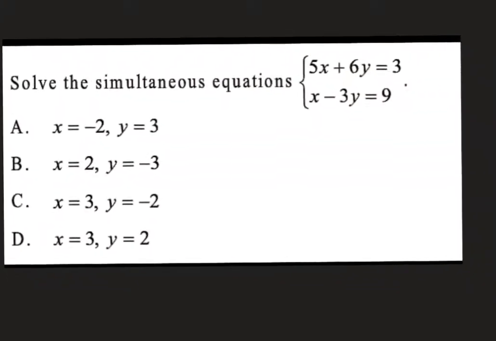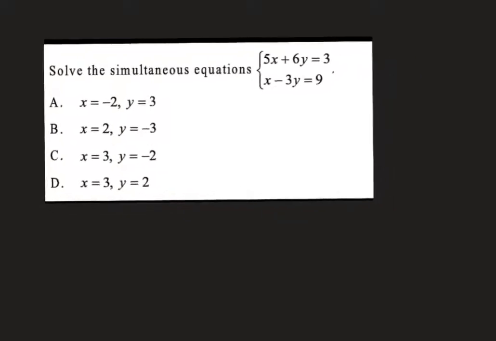Next question. This question. For this question, if I call this equation 1 and this equation 2, we can multiply equation 2 by 5 or 2 to do the elimination.